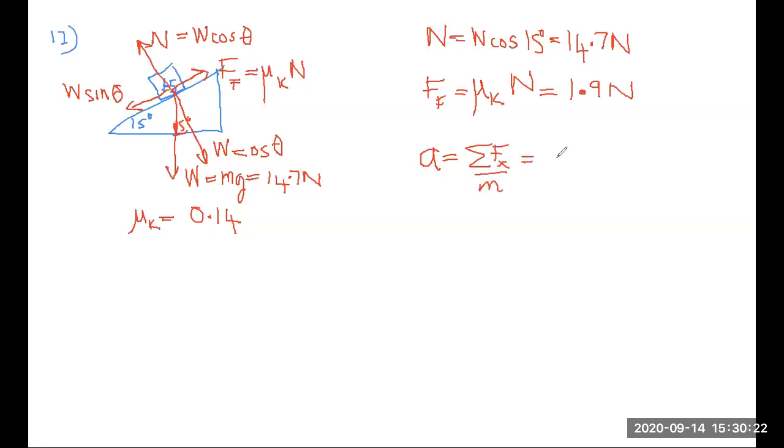In this case, there are two forces along the incline. There's this frictional force, which is 1.9 newtons, that's acting upwards. And then there's this component of gravity that's acting down the incline. So that's 14.7 newtons times the sine of 15 degrees. And I also worked that out. That was 6.2 newtons.